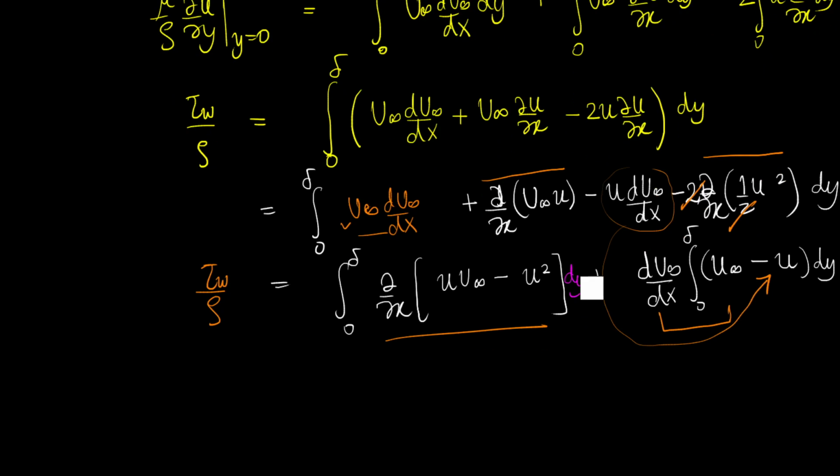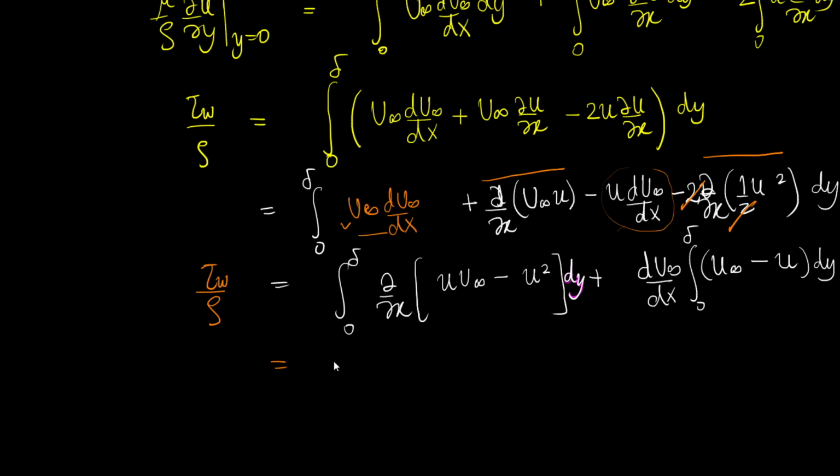Okay, so the simplification of this expression, so this is still tau wall upon rho, is in the form of two integrals. The first integral looks something like this. Essentially it's like some difference in a quadratic form of velocity. The second expression is also some difference in a linear form of velocity.